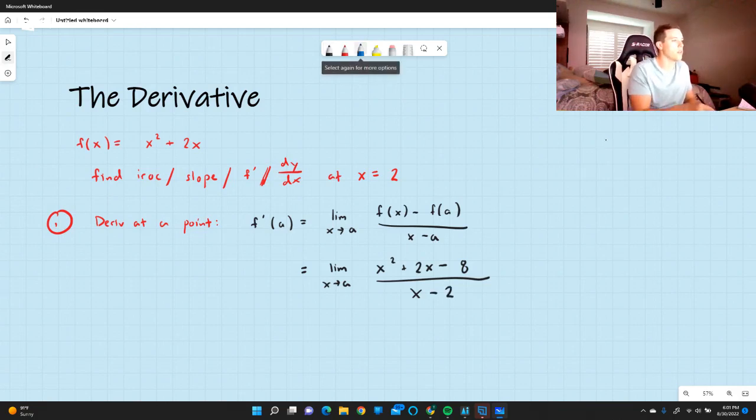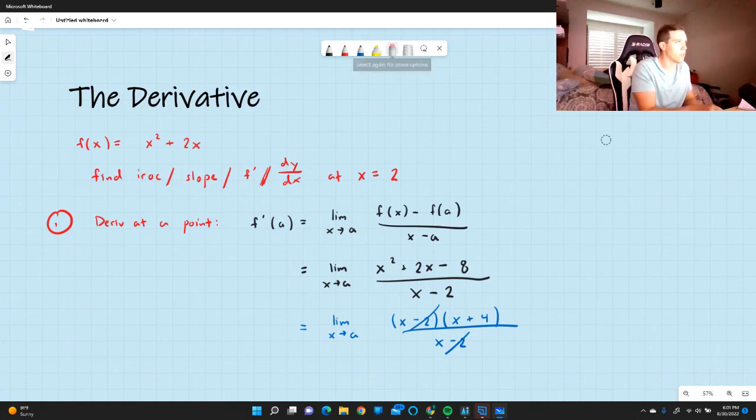At this point, this is where the fun is, because something's always going to cancel when you're dealing with a polynomial function. Always. If it doesn't, you did something wrong. Always has to cancel. So I know it's going to be x minus 2, and then it's probably going to be something like x plus 4, all over x minus 2. You get to cancel, and then, oops, sorry, not a. At this point, a is 2. Let me fix that.